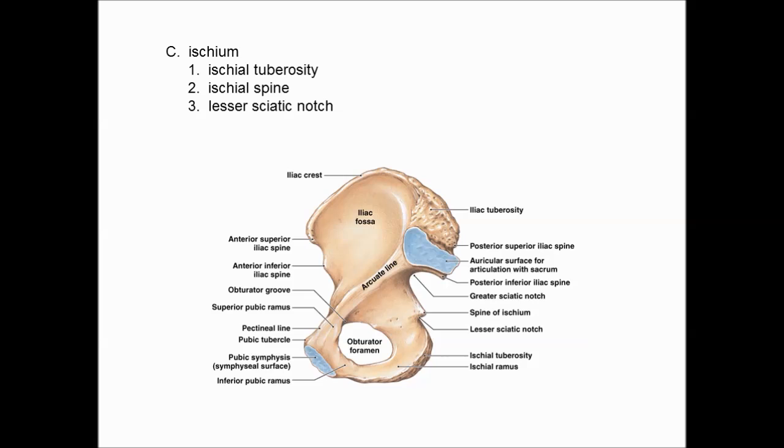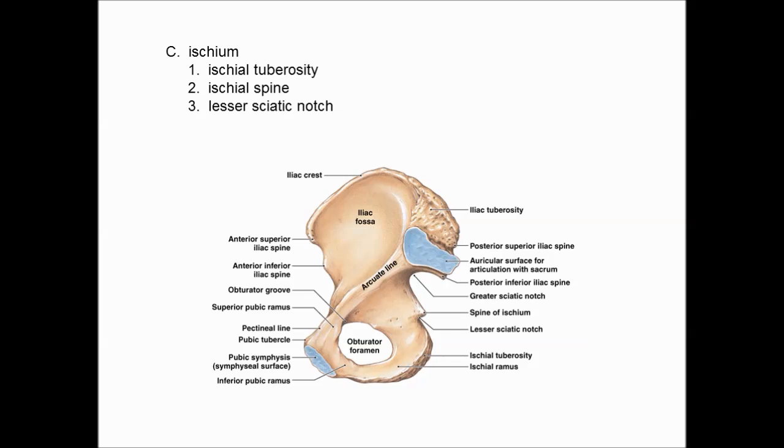So what I'm going to do is look at the major processes that are part of this os coxal bone, and we always do this by going through the different parts of the os coxal bone one at a time. So I'll start talking about the ischium, and each time I'll talk about the major parts. I defined the term tuberosity when we were talking about bone processes. It's a roughened area, and the only major feature of the ischium is the ischial tuberosity, and that's what we sit on.